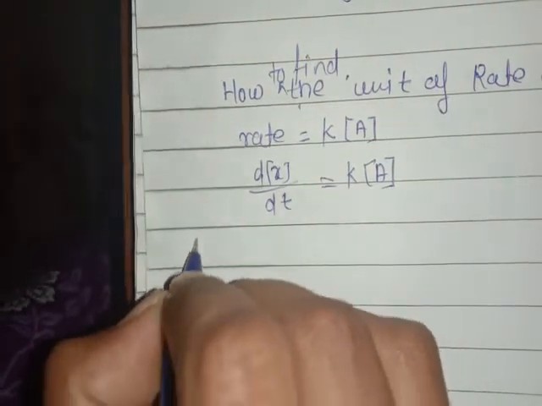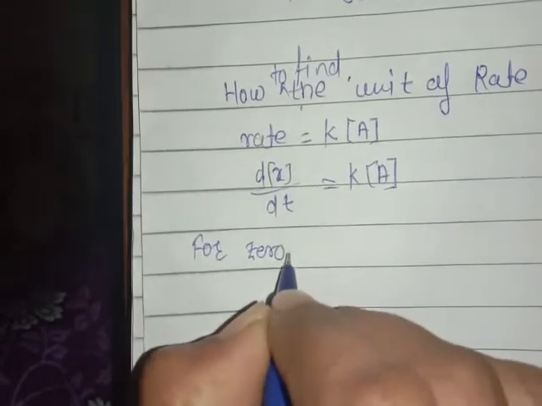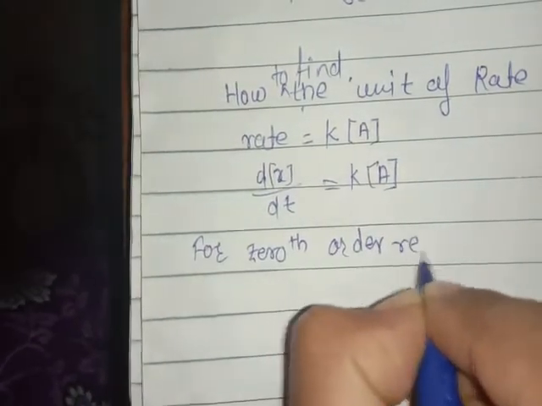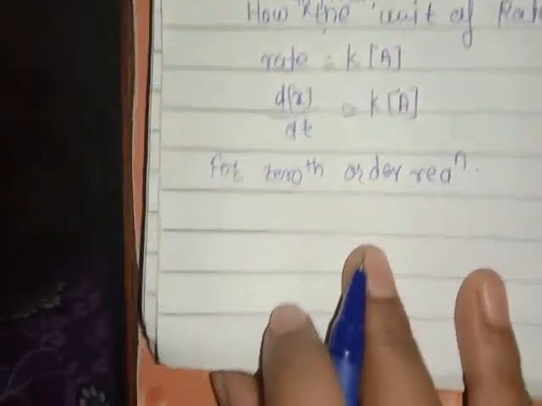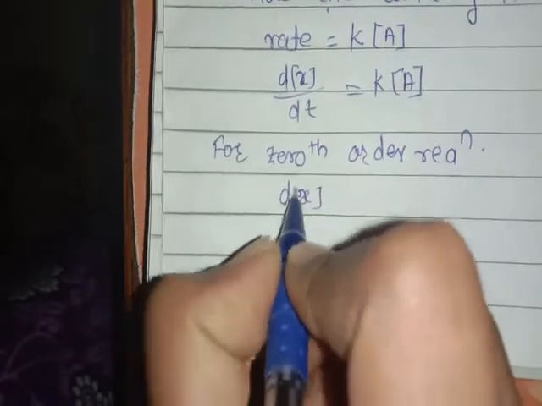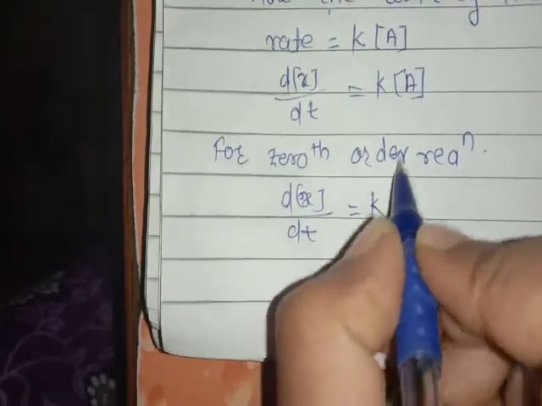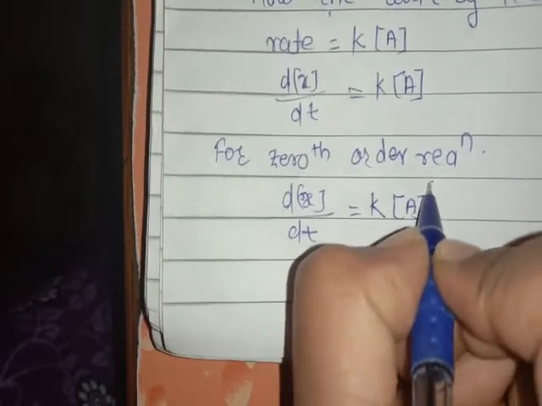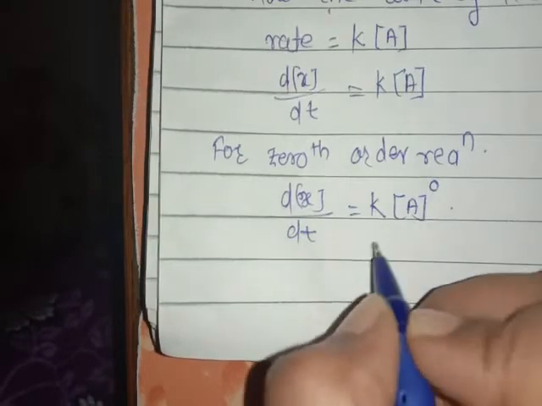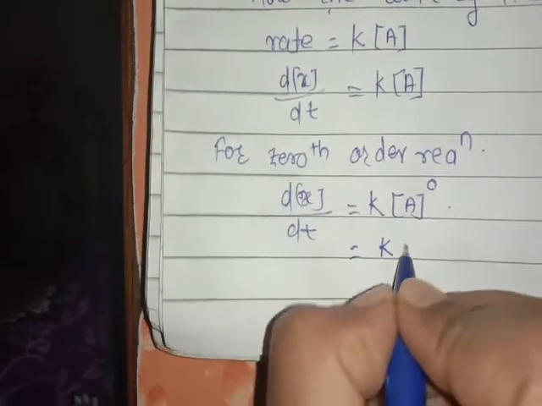Now for a zeroth order reaction, we can write here dx upon dt is equal to K into A raised to the power 0. A to the power 0 is nothing but 1. That's why K is into 1.